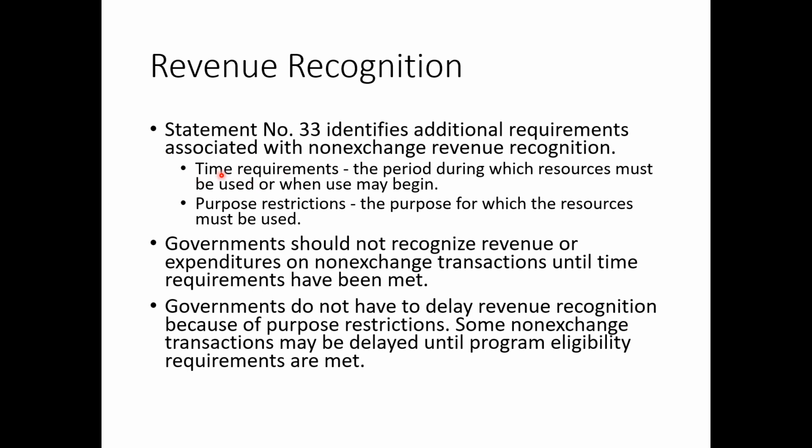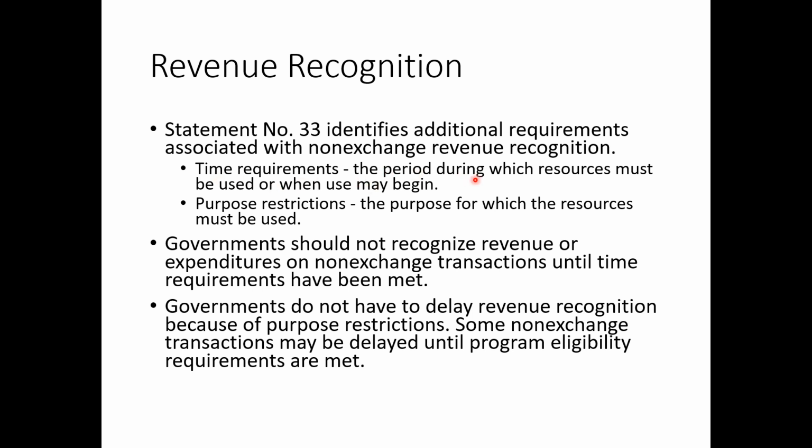For example, I received a grant in 2020, but per contract, I can only use the grant in 2021. So I cannot use the money, this resource, in 2020. Therefore, this is not a revenue for 2020, because of the time requirement.